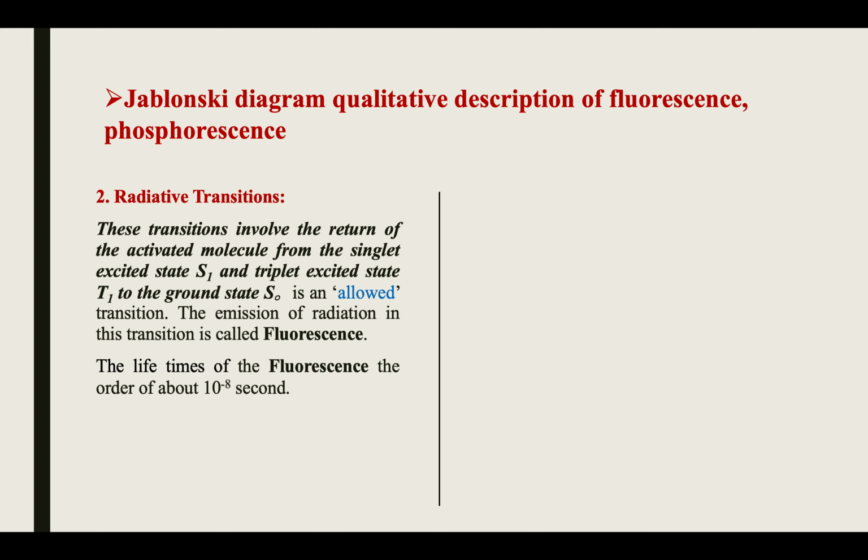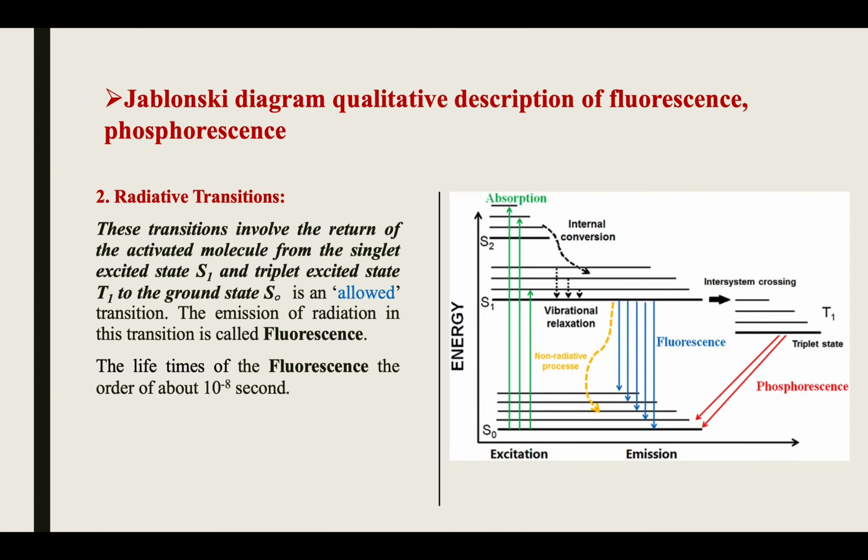The lifetime of fluorescence is of the order of about 10 to the power minus 8 second, which is slower than the non-radiative transitions. As you can see in this figure, a transition from S1 to any vibrational state of S0 is called fluorescence.